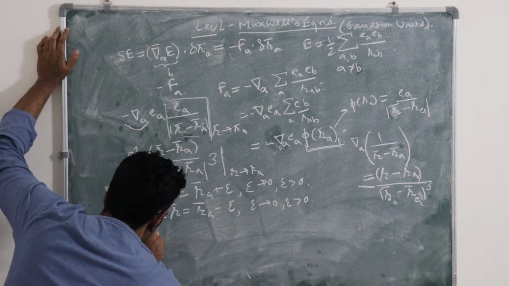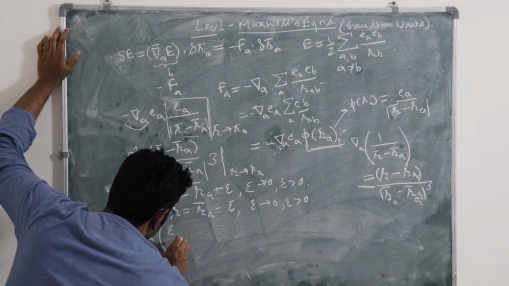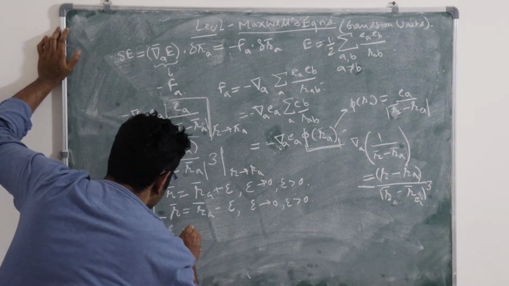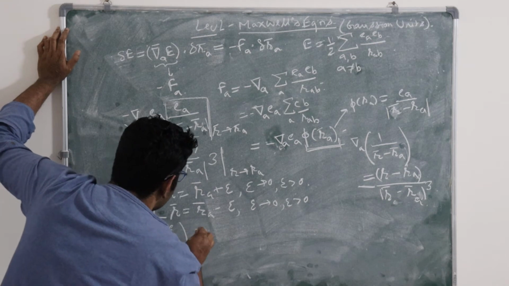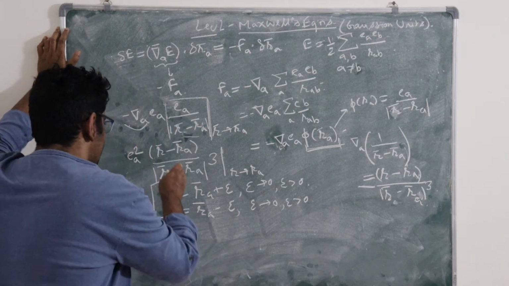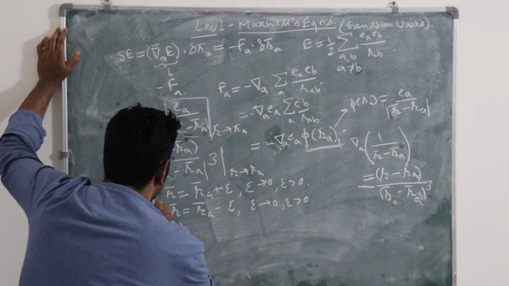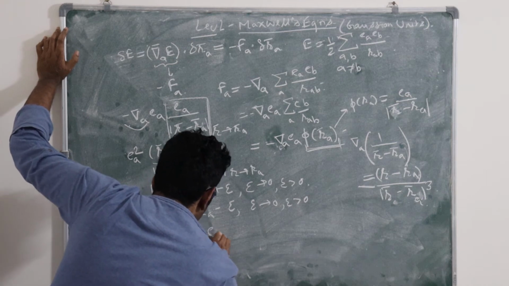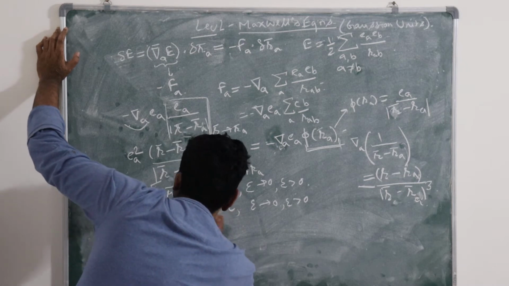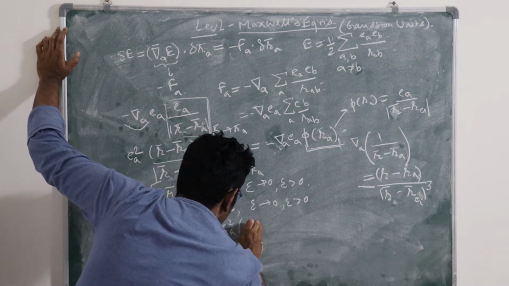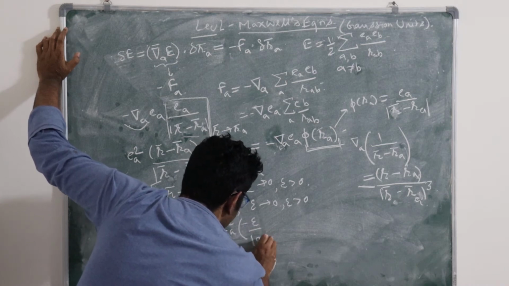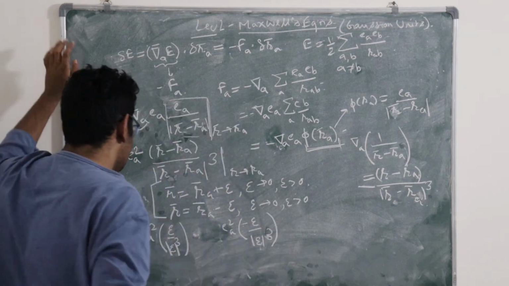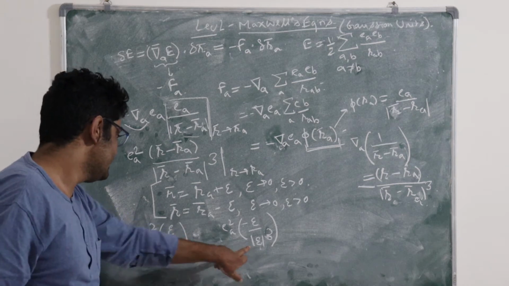So I get e square times epsilon by modulus of epsilon cubed, and plus, what I get here is r minus ra is minus epsilon, so plus e square times minus epsilon by modulus epsilon cubed. So you have these two things.